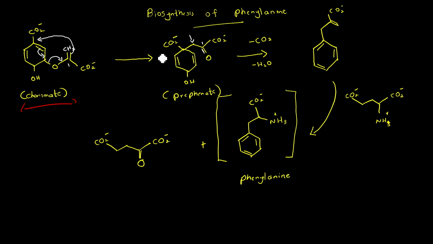Now we have this molecule. We call it prephenate. This is a prephenate anion. Now in the next step, two things will happen. First, carbon dioxide will be removed, and H2O, a water molecule, will be removed.